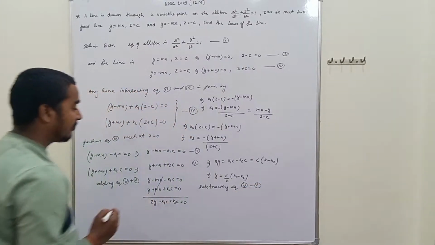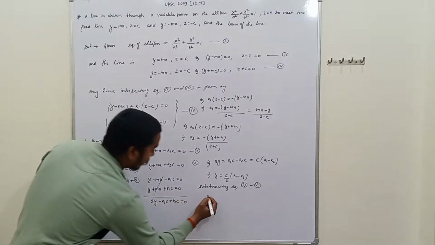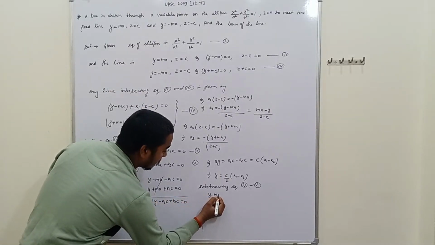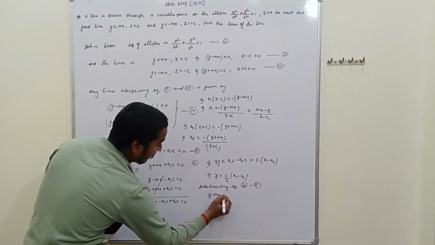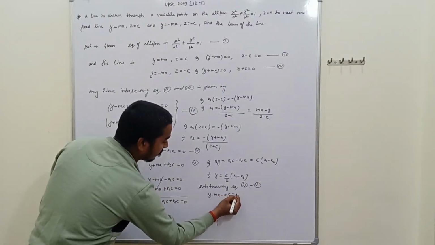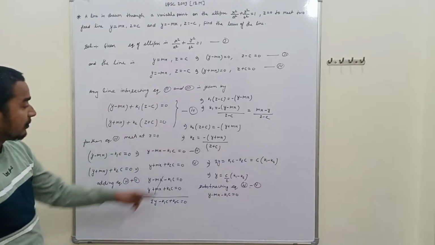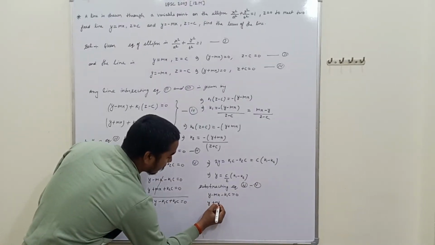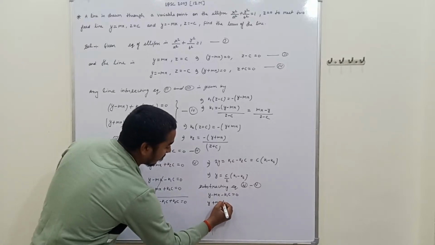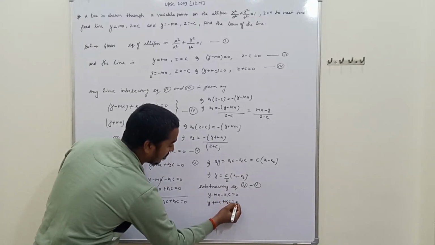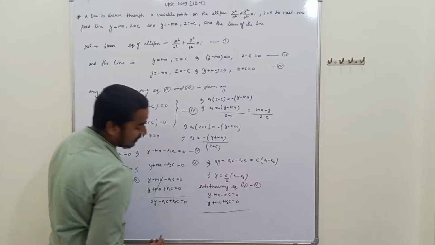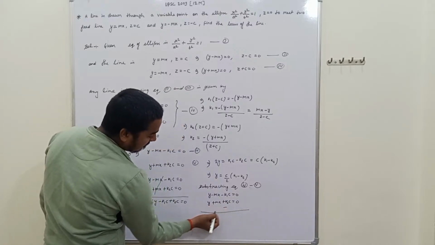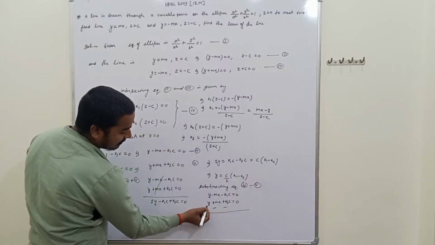Then further we write y minus mx minus k1c is equal to 0, and equation fifth is written as y plus mx plus k2c is equal to 0. We have to change the sign, that is plus becomes minus and plus becomes minus.